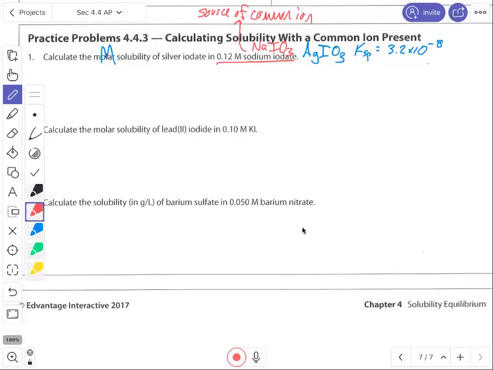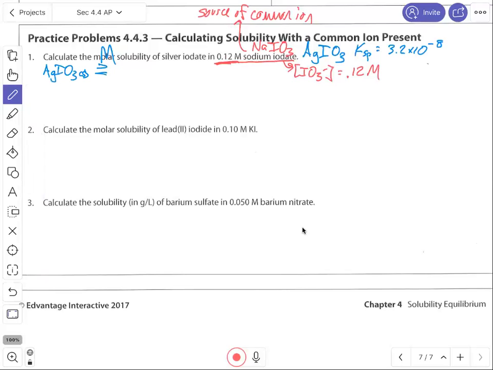There's no subscripts there, so my concentration of iodate is going to be what? 0.12. There's no subscript, so I don't multiply by anything. It's just the 0.12. So what we care about is silver iodate, so that's what we're going to write out an equation and an ICE table for.